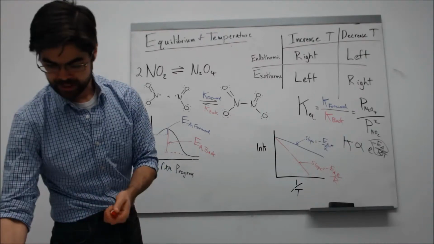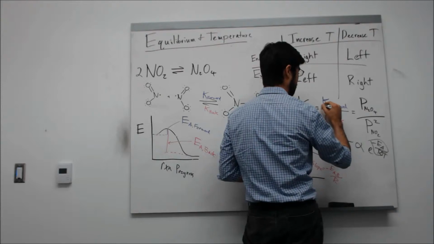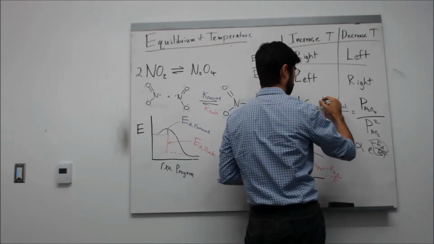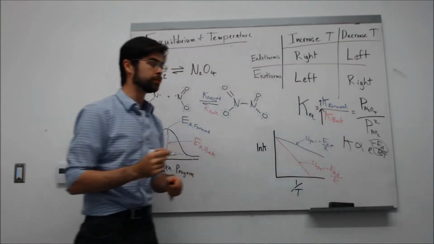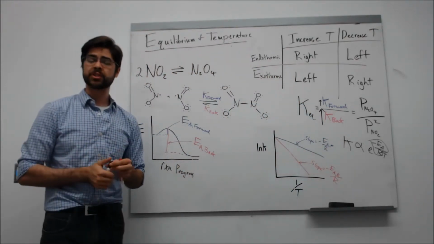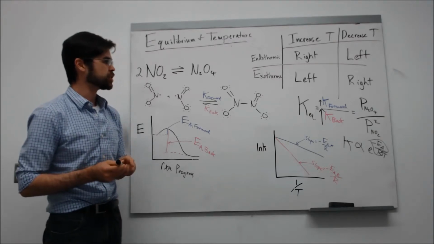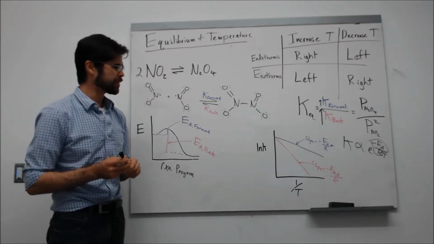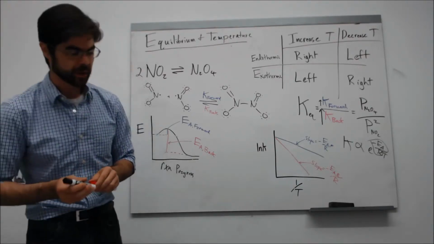They both increase. The forward rate increases, but the backwards rate increases more. And as a result, the equilibrium constant is shifted. Did I have that backwards? Yeah, I have that right.